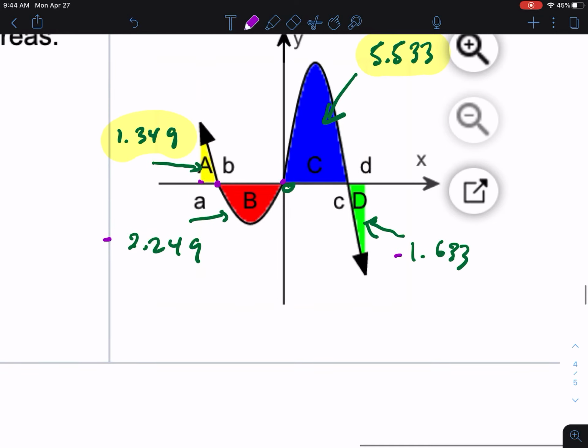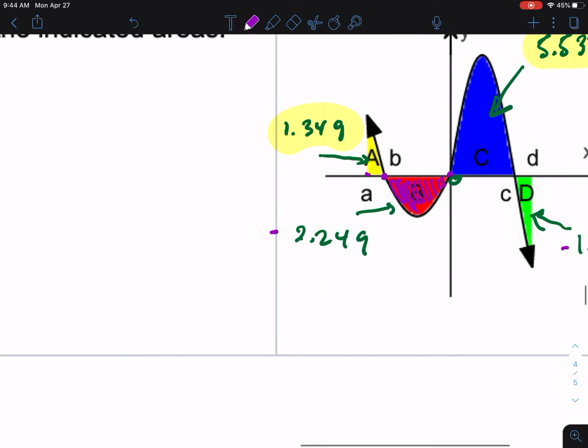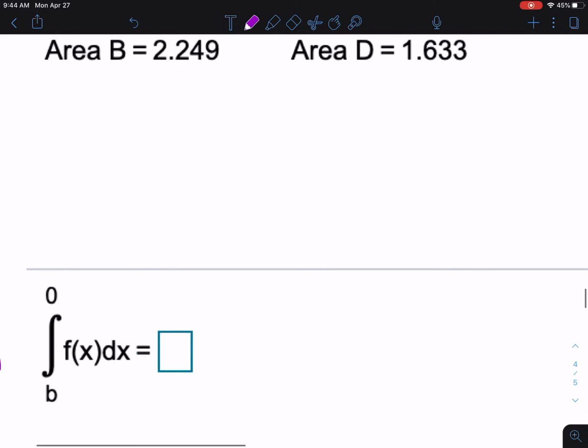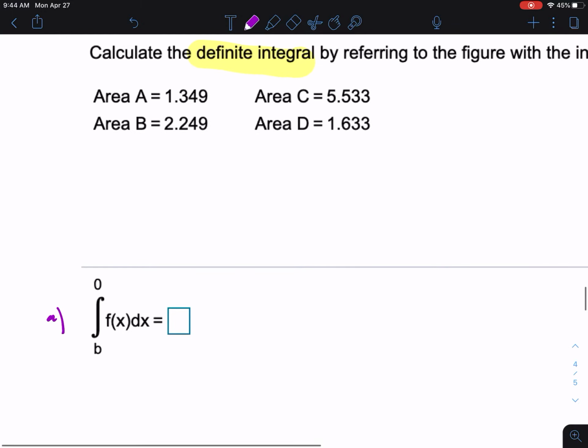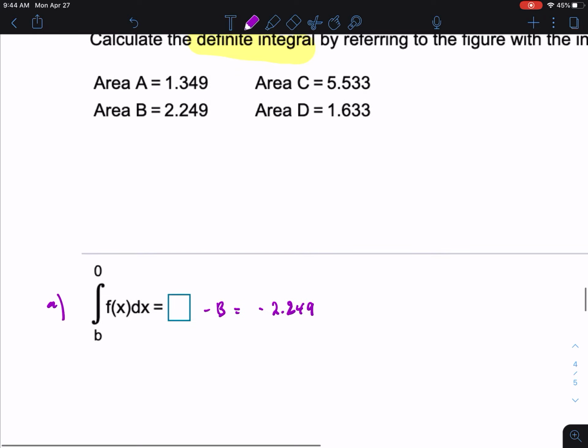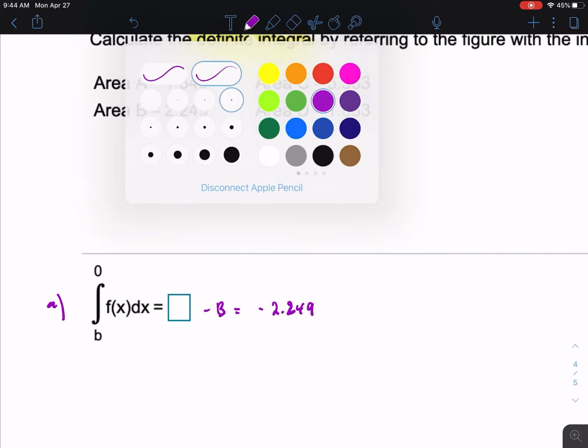Well, from b to 0, we just have this area here, but since that area is below the x-axis, it's going to be a negative value. So the answer for this is going to be negative area B, which is negative 2.249.